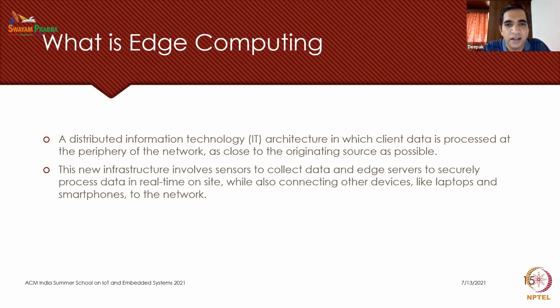So that is very costly in itself, and therefore there needs to be a different way to solve this problem. And one of the solutions that came up is this fog or edge computing.